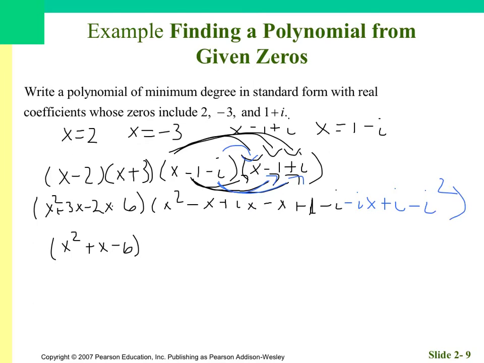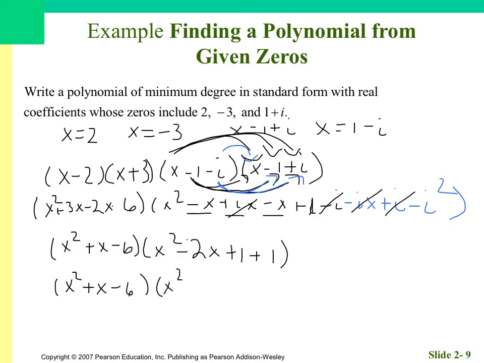So I have x squared, then negative 1x minus 1x, so minus 2x, and then ix minus ix, those cancel out, and then 1i minus i, and then I have the plus 1 and plus 1 there, so you would get x squared plus x minus 6 times x squared minus 2x plus 2.